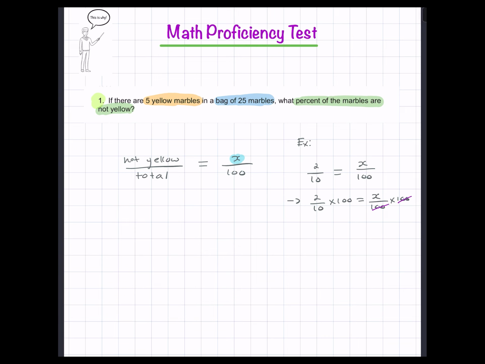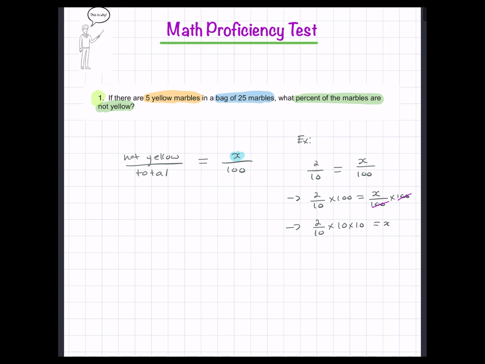I get 2 over 10 times 100 is equal to x over 100 times 100. Here I can cancel the hundreds, right? 100 divided by 100 is 1. So I would get 2 over 10 times 10 squared, which is 100. So I have 2 over 10 times 10 times 10 is equal to x. And then these 10s would cancel, and I would get 2 times 10 is equal to x, or x is equal to 20.